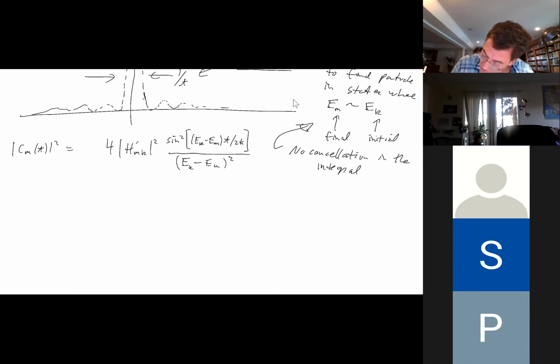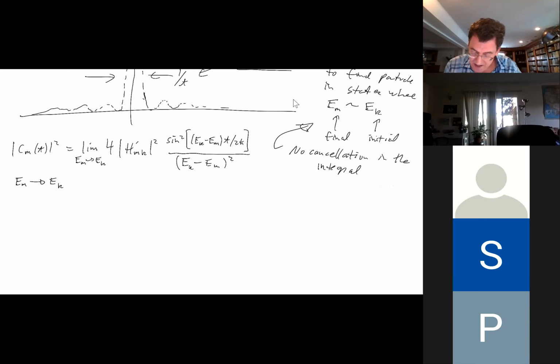We can look at that formula and we can say, what happens as my final state goes towards my initial state? What happens for energies where Em becomes closer and closer to the initial state? Basically, we can just take the limit as Em goes to Ek.